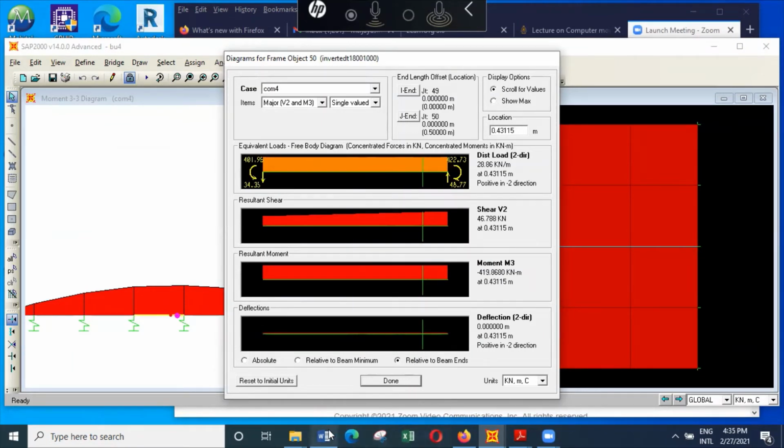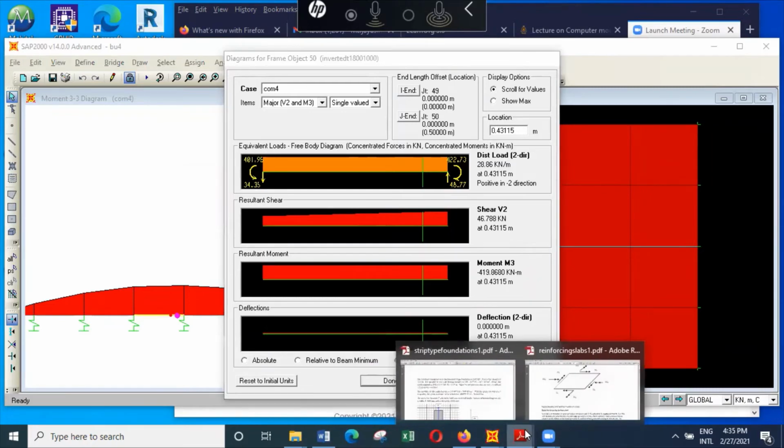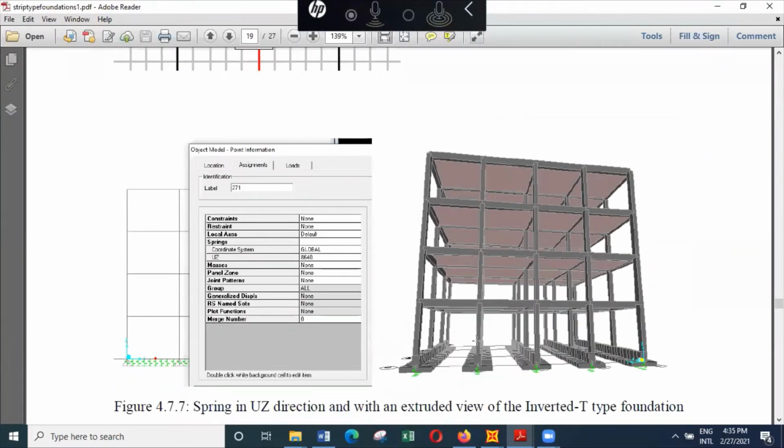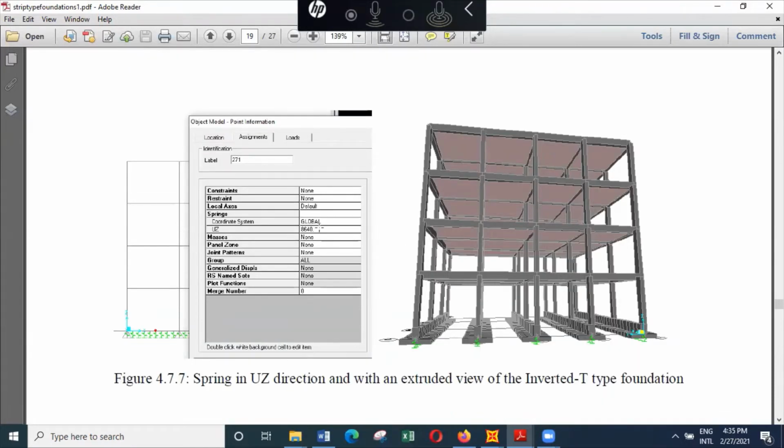And let's see what's the value that I have included in the note. So this also looks similar. You can also see this spring constant of 1640 assigned under each joint.